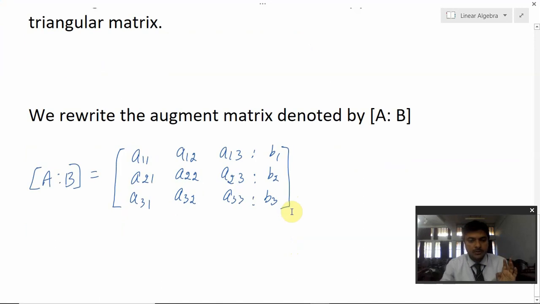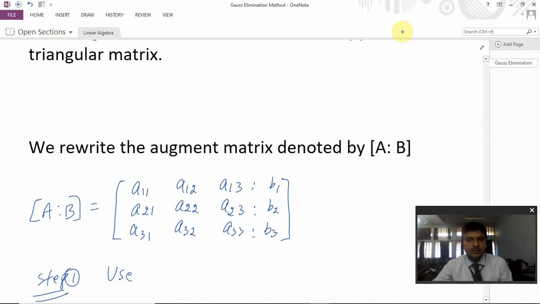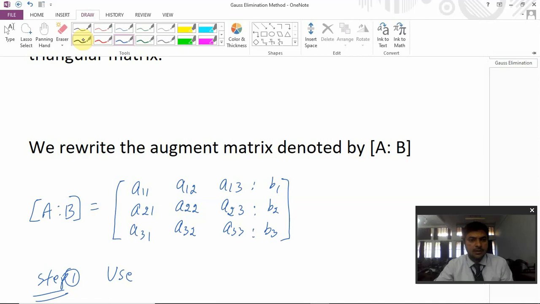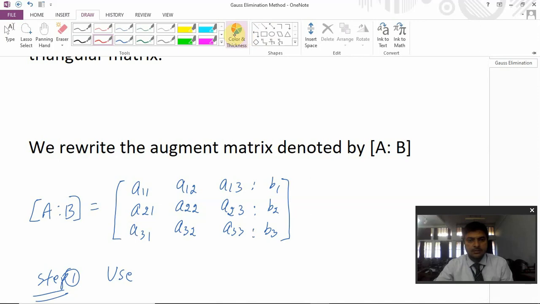So now we will go with the steps. Please remember the steps. Step 1. Very important, I am going to tell you.